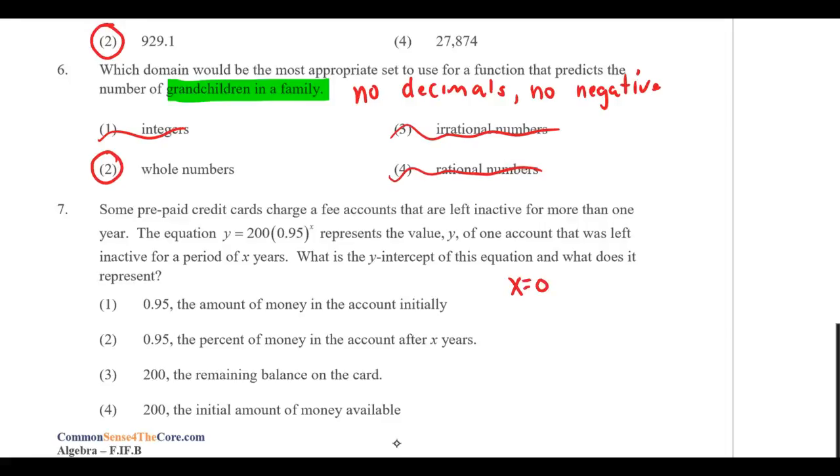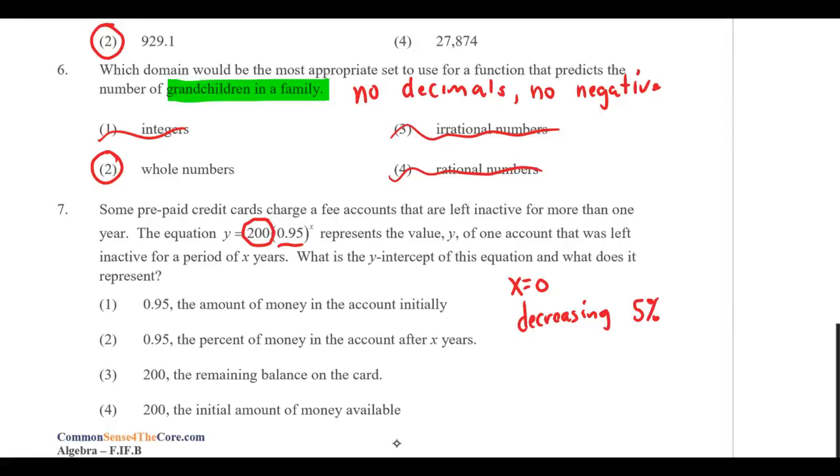It's also, when I look at an equation, my starting value is 200, and my rate of change is actually decreasing because I'm less than 1 by 5% annually.